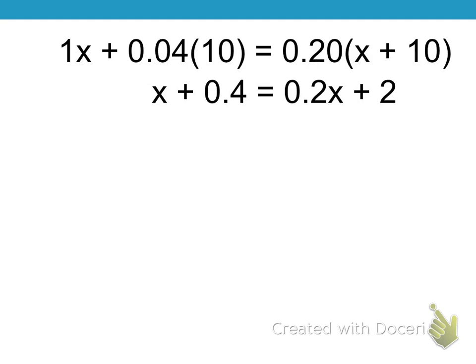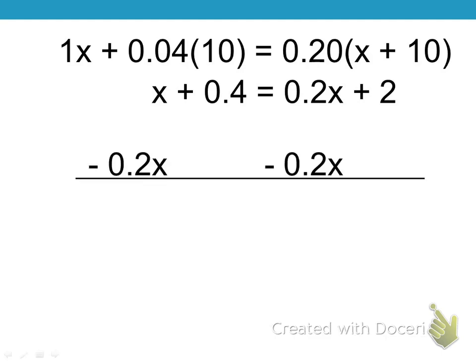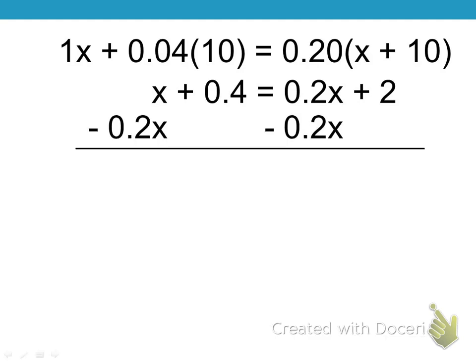Now what? Yeah, let's get our x's together. You could subtract 1x from each side, but you'll end up with a negative. I like to avoid the negative, so I'm actually going to subtract 0.2x. So 1x minus 0.2x is going to be 0.8x plus 0.4 equals 2.